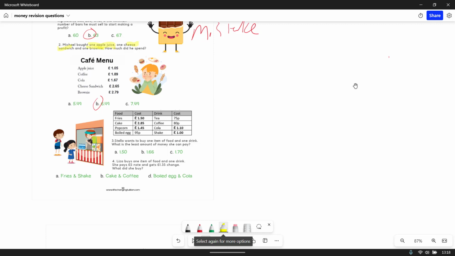Food is on the left. The smallest price food is boiled egg, which is 95. And the smallest drink is tea, so 75. So 95 add 75 is £1.70. So number 3 is C.